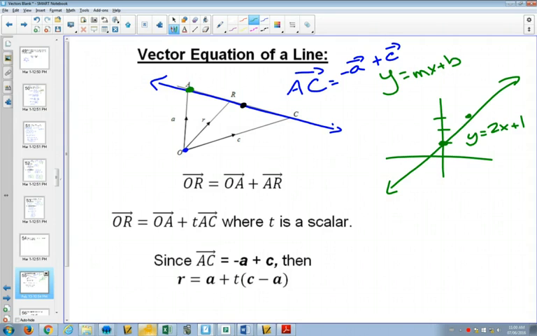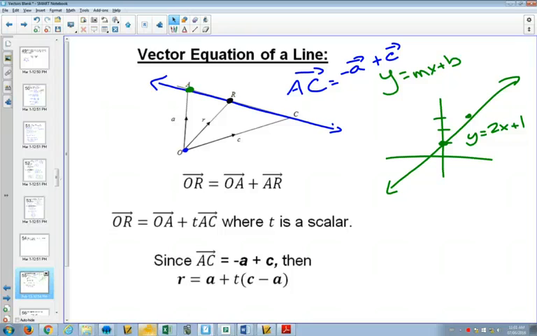So I'm going to start with the point A. Then any black point along this blue line will just be a certain distance in the direction of AC.